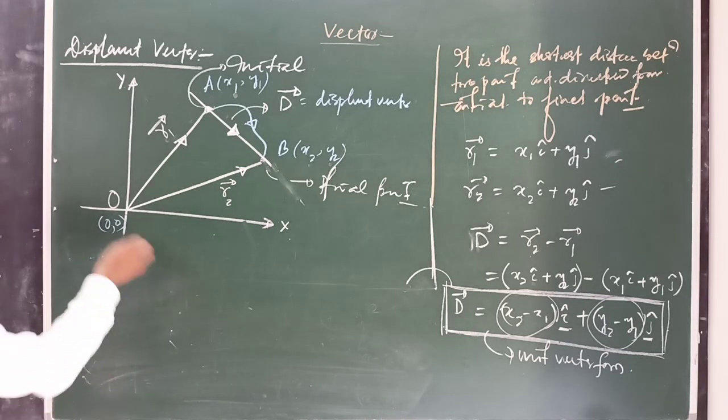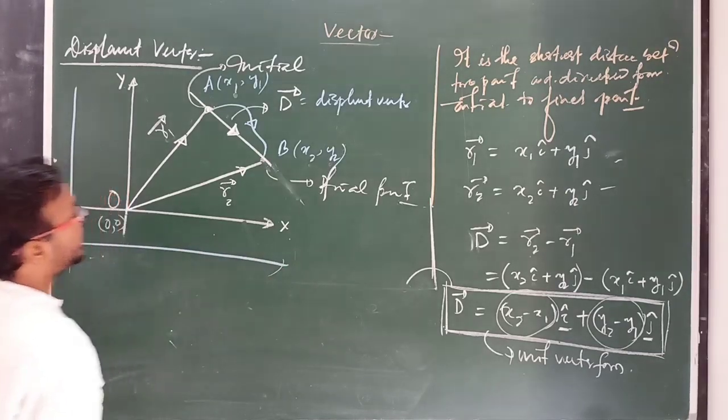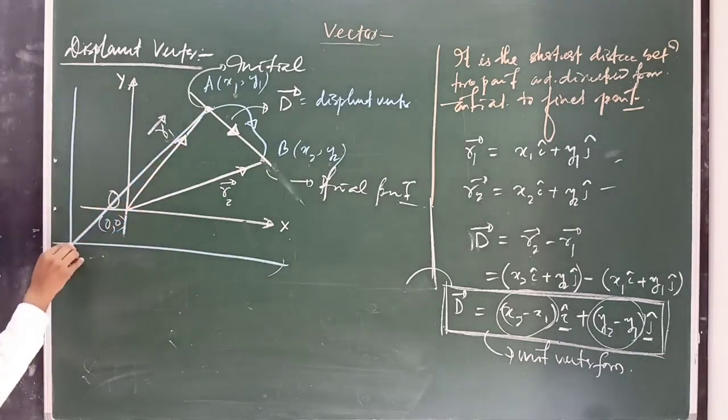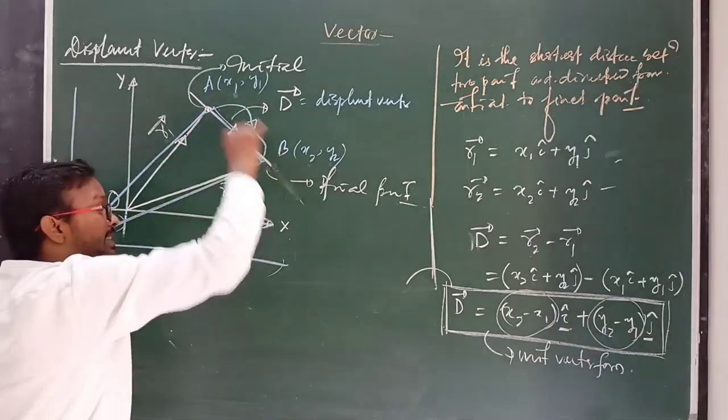Clear? Okay. Now you have to remember one important thing here. If we change the origin, the position vector at this point changes, and this is also the position vector at this point, but this distance remains constant.